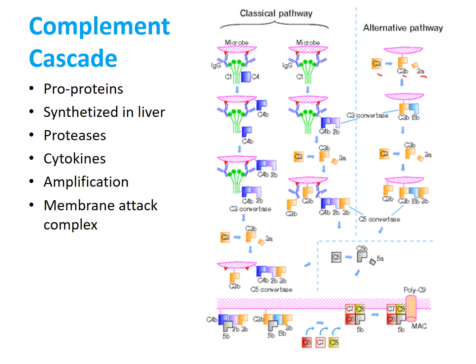So you have C3 cleaving, binding to the red cell. That's going to cause the binding of Bb to the C3b, which then, if you have C3 convertase, will convert here.